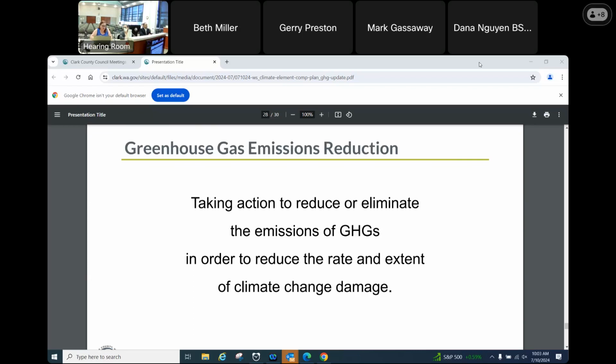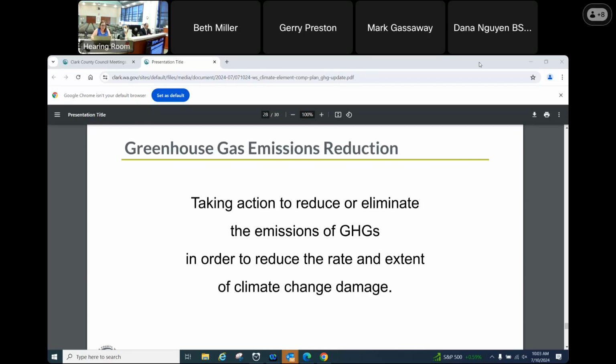And it's important to keep in mind that the slide that Jenna shared before states that Washington State has a goal of reducing all greenhouse gases in the state to net zero by 2050. That's in the requirements of this legislation. And then also to follow best science.